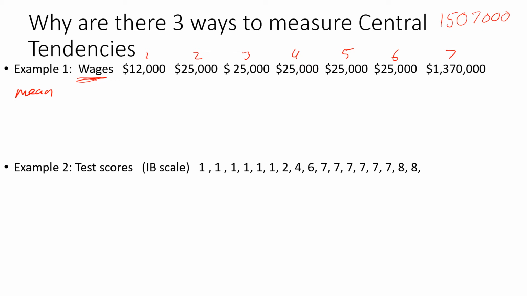So I'm going to divide it by 7 people to find out what is the average wage. And then we get 215,285 and 71 cents.